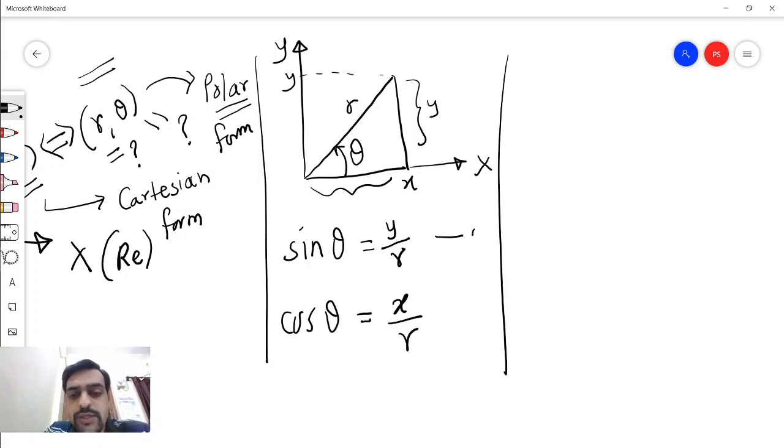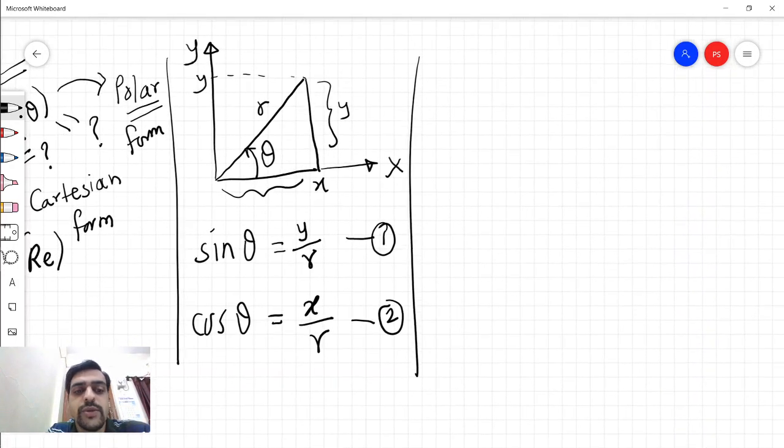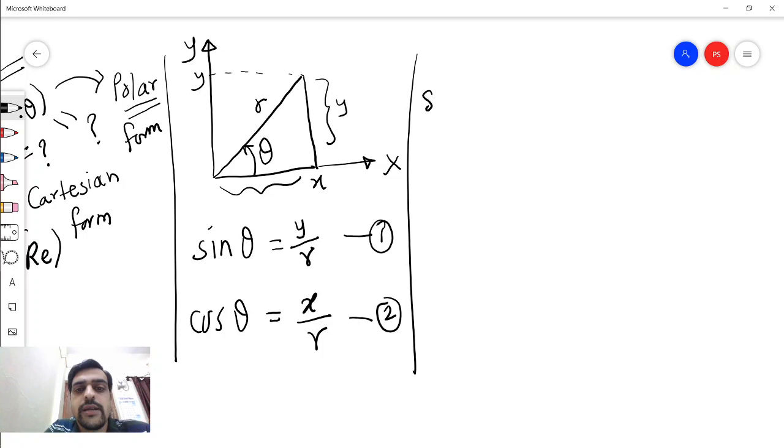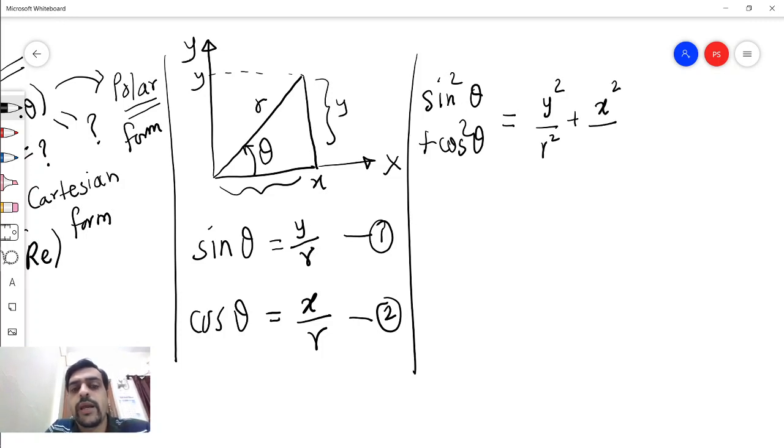So if we use these two equations, we can get sine squared theta plus cos squared theta, which is equal to y squared by r squared plus x squared by r squared. And we know that the identity says sine squared theta plus cos squared theta is 1.